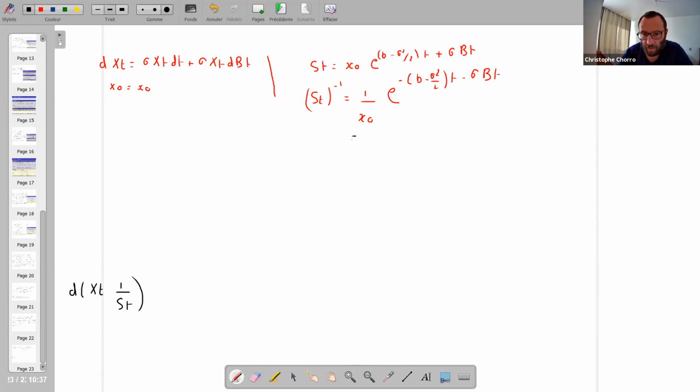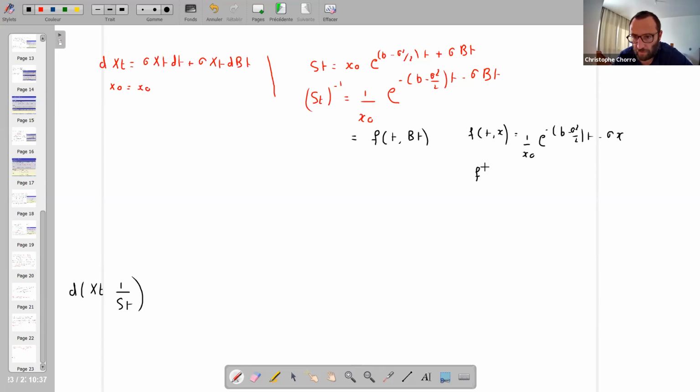And here I can write it as f of t and B_t, where f of t and x is equal to 1 over x_0 exponential of minus (b minus sigma squared over 2) t minus sigma x. And if I want to apply the Ito formula, I need the derivatives.